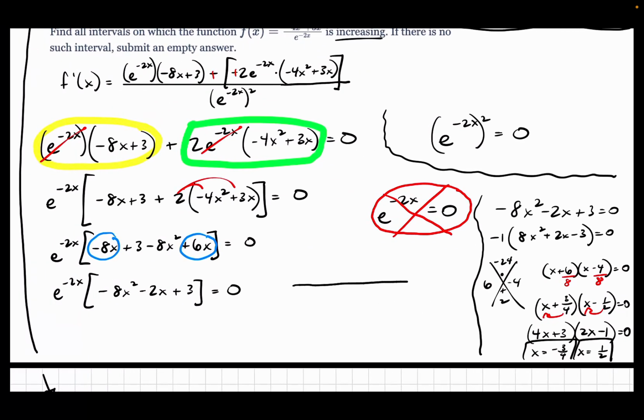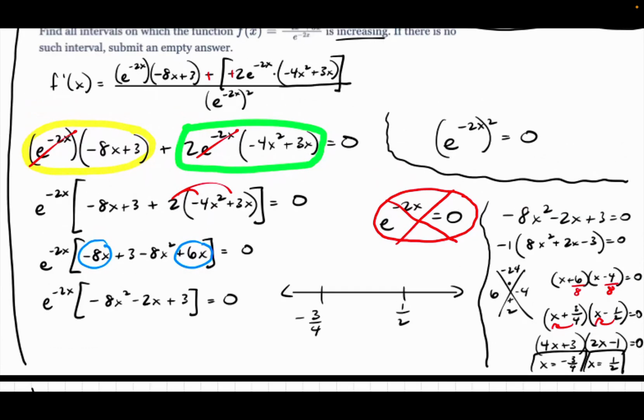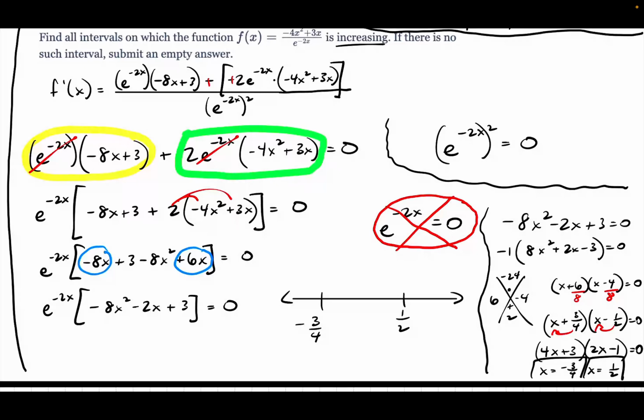Okay. So first derivative test, negative 3/4, positive 1/2. So now I've got to figure out where it's increasing and where it's decreasing. I'm going to plug test values into the first derivative. So I believe this is going to be positive. I'm running out of room here, but I believe that's going to be positive. Just doing some mental math, positive.